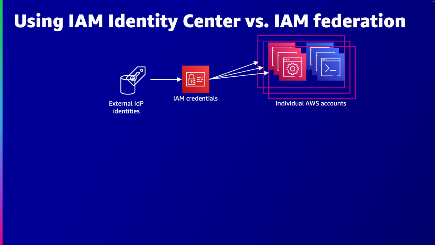So now hopefully you have a better sense of what single sign-on, the identity provider, and IAM Federation are. Using IAM Federation, you have to duplicate the effort to configure the IAM identity provider and the user roles across multiple accounts.